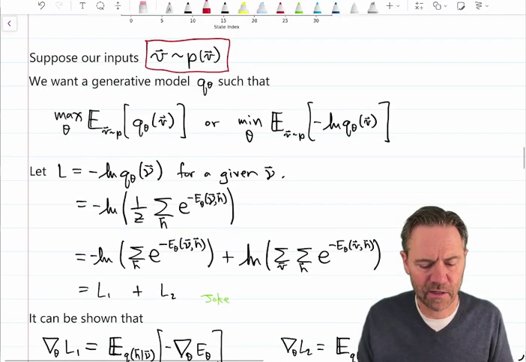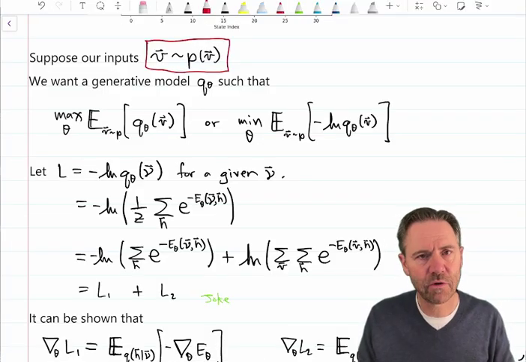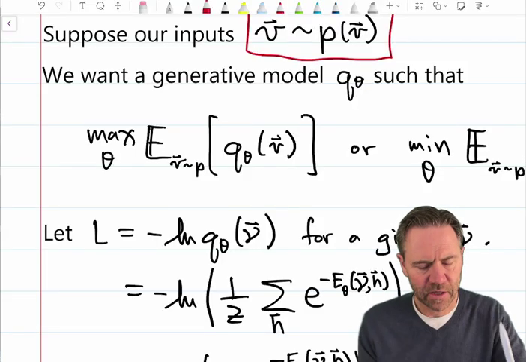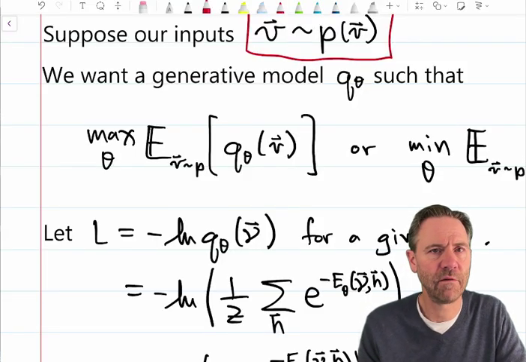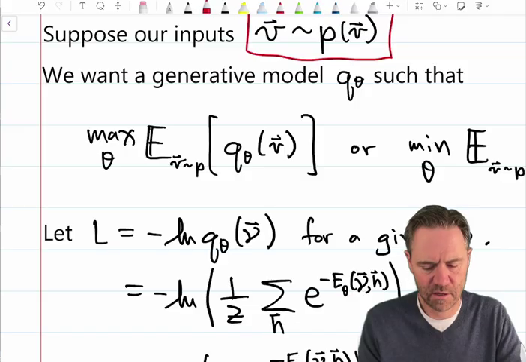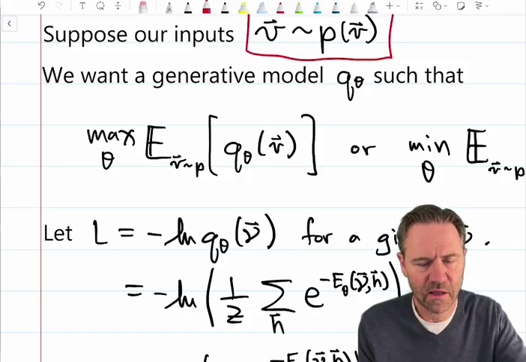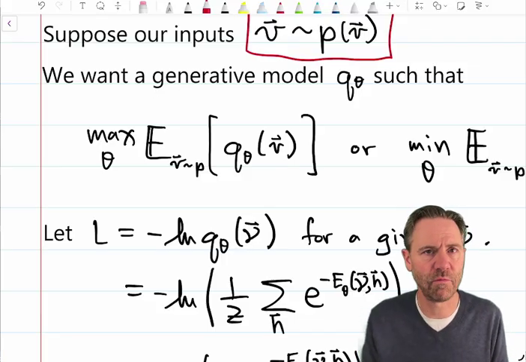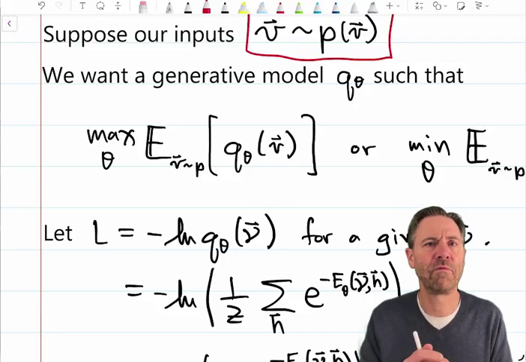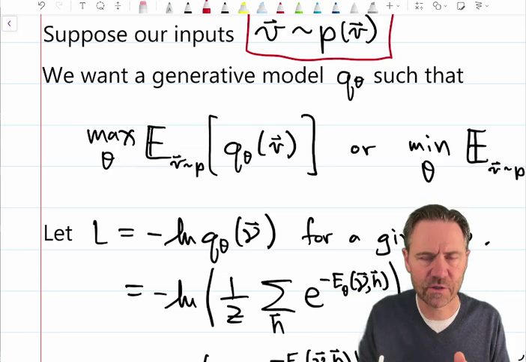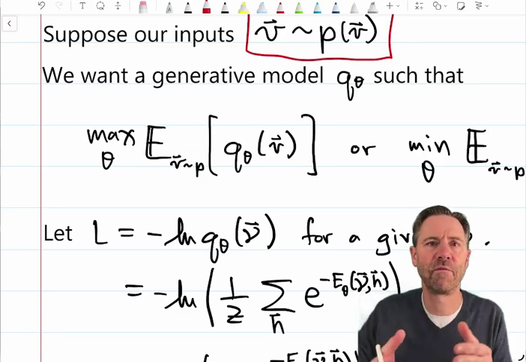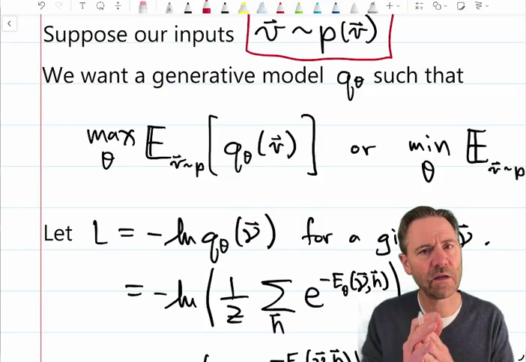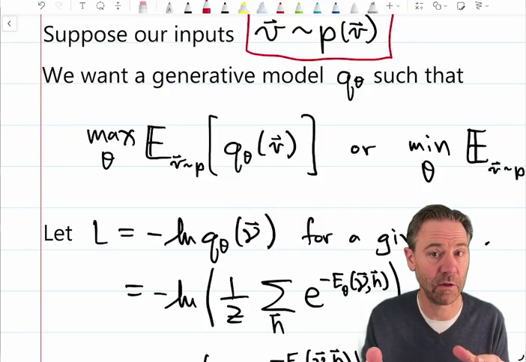Q sub theta is going to be chosen so that we maximize the expected value of the V's that we observe in the world. We're going to sample these V's from the actual world, and we want the expected value of this Q to give us bigger values for V's we see more frequently. Theta is basically the weights and biases that we're going to be playing with.